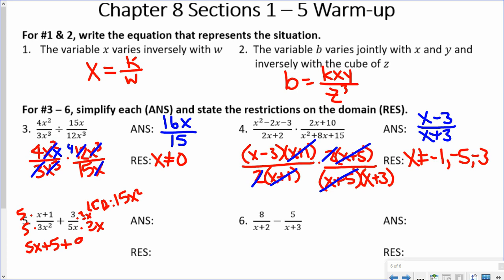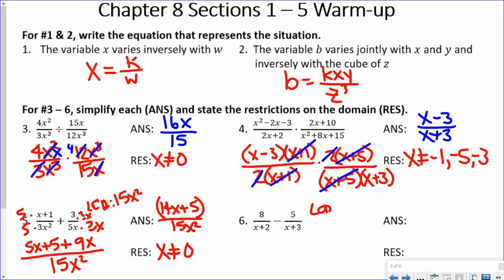And so that would give you 9x on top, all over 15x squared. So when you combine like terms, you get 14x plus 5 all over 15x squared. This 14x plus 5 would be in parentheses because you see the addition sign, so you can't cancel anything. And our restriction would be x cannot equal 0.